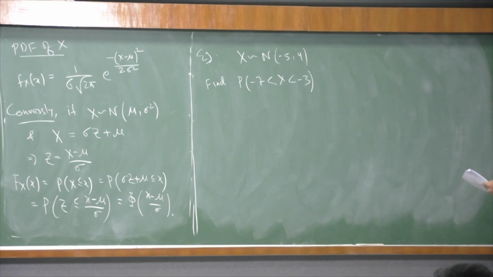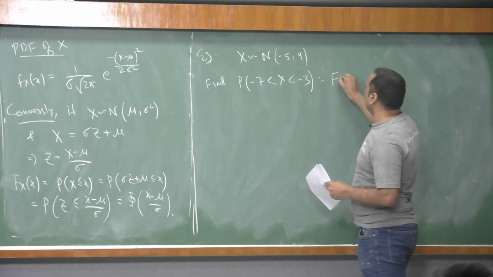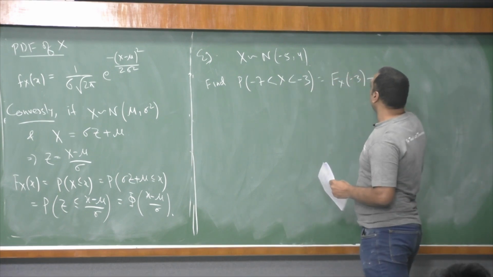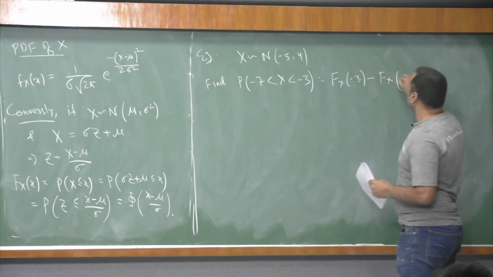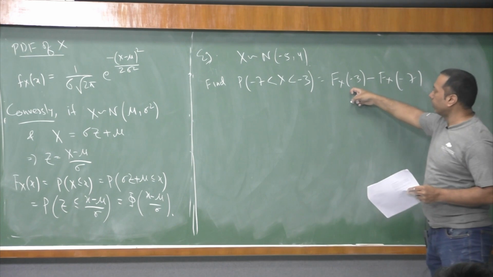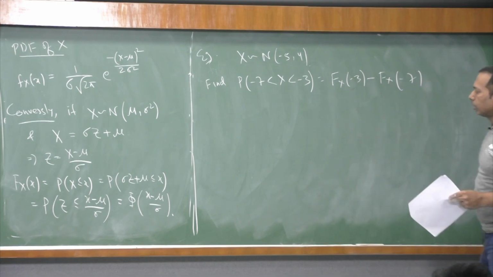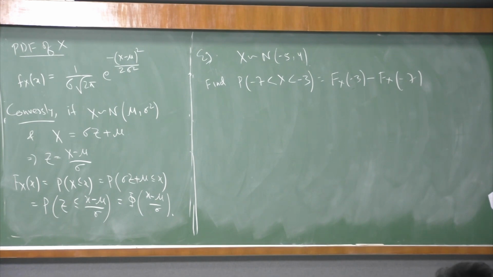Okay, so this will be the CDF of x: F(minus 3) minus F(minus 7), right? This is how we calculate. And now the CDF calculation boils down to phi of (x minus mu) by sigma.